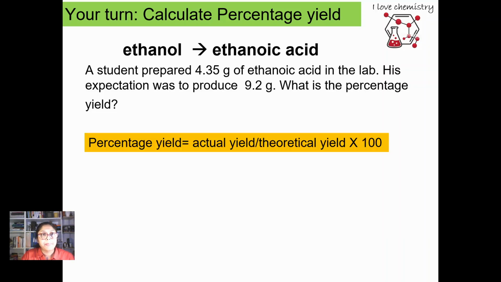Let's see. So again, we are using the same equation, actual yield over theoretical yield times 100. Put everything into the calculator and you will get 47.3 here. Because 4.35 is the actual yield over 9.2 theoretical yield times 100. 47.3.